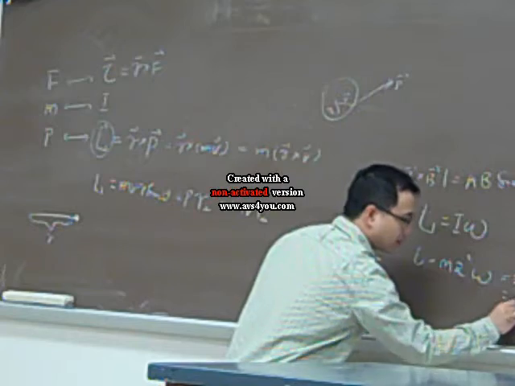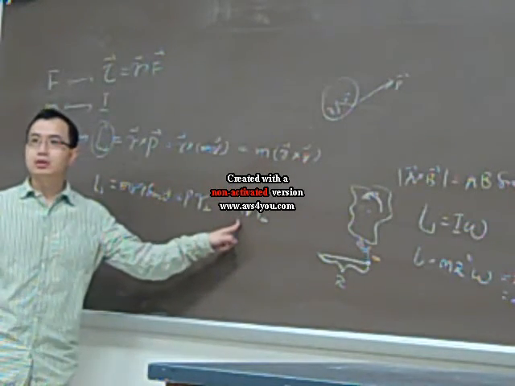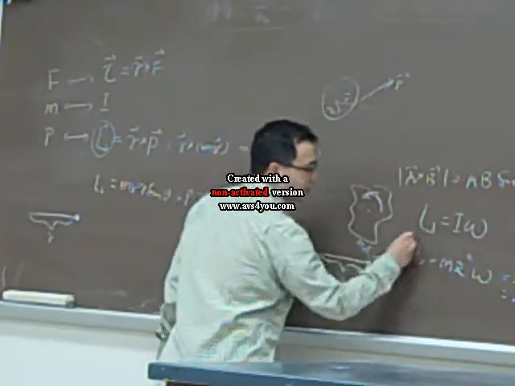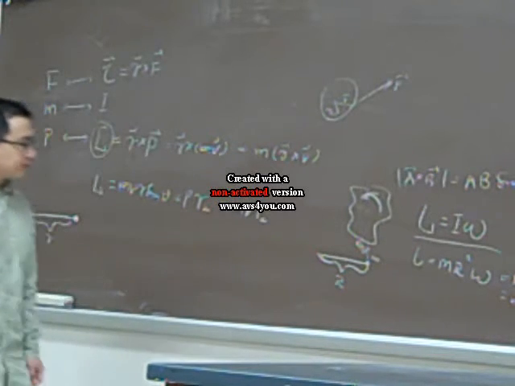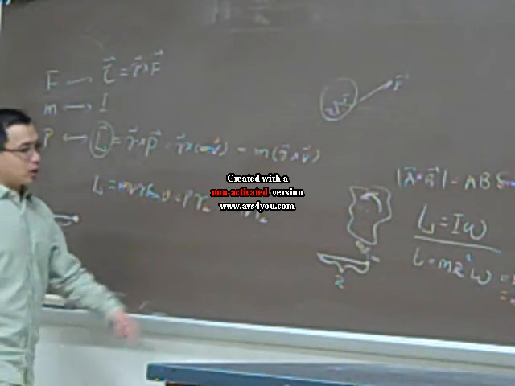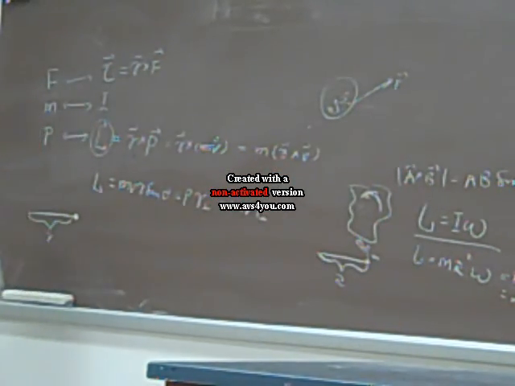So this is m r perpendicular v, the same as this one. But of course, for an extended body, you have to use this one. For a mass particle, you can use this one, or start with this one to derive this. Okay, do you have any questions here?